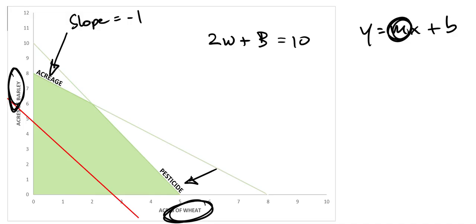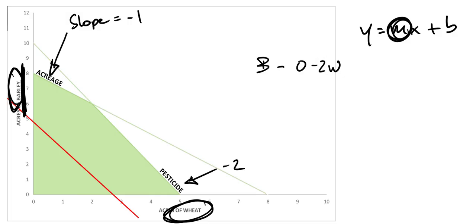So isolating for b on the side all by itself, once again, because Barley is our y-axis variable. Rearranging this, we end up with b is equal to 10 minus 2w. We have a slope of minus 2. So the slope of this line is minus 2.